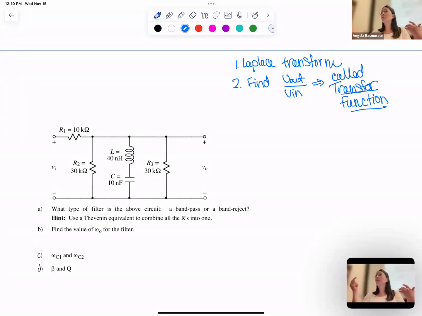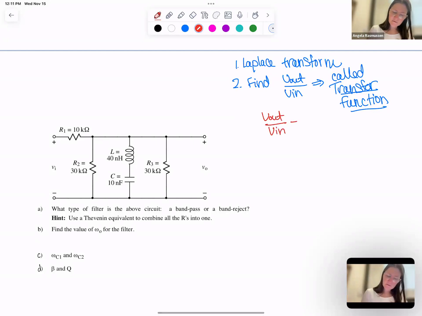It's 10 times whatever V in is. It's usually denoted big H of s. This is in the Laplace domain, and then you transform it back into the time domain.